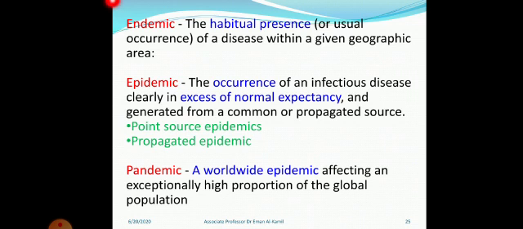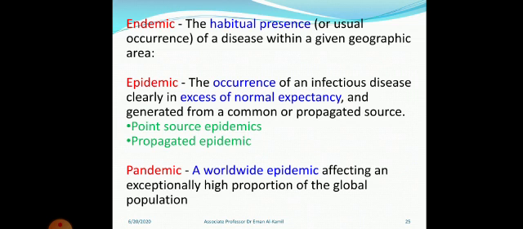Regarding these differences in the occurrence of the disease, as we have already discussed, we can have just a quick revision. Endemic is the habitual existence or persistence of the disease in a certain geographical area, and this is due to the persistent existence of the infective agent or the risk factor.